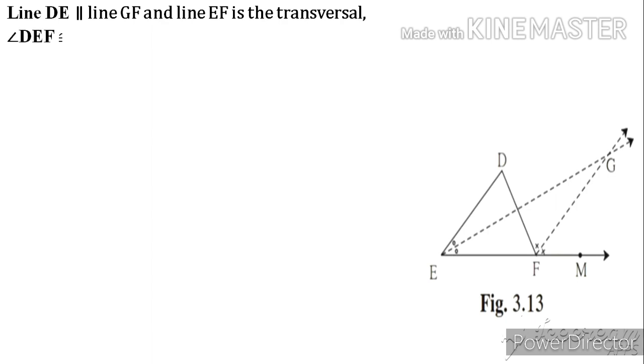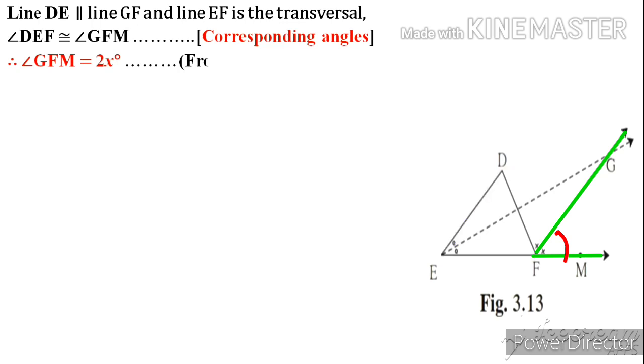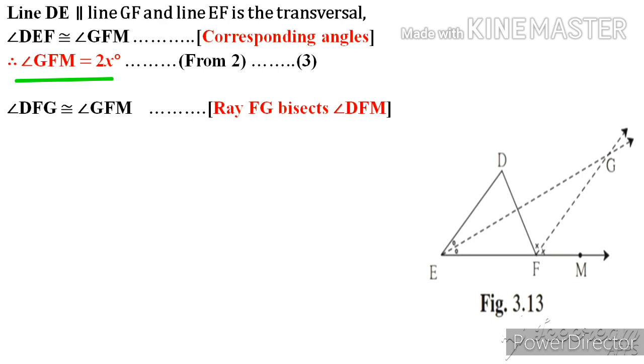Line DE is parallel to line GF and line EF is the transversal. In the given figure, if you see angle DEF is congruent to angle GFM, they form corresponding angles. Therefore, angle GFM equal to 2x degree, which we get from equation number 2. Now give the equation number 3 to this.